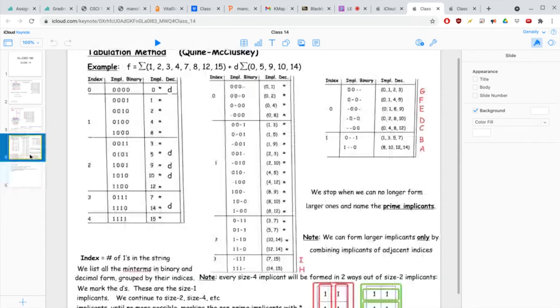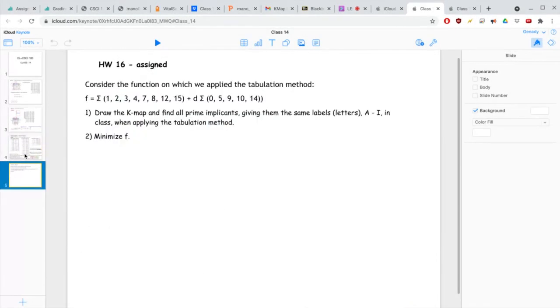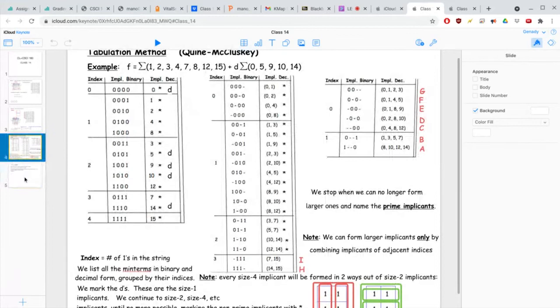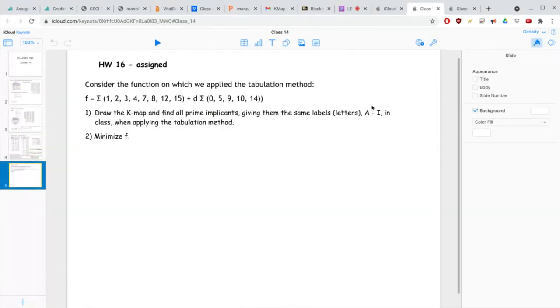Right, we were just looking at the Quine-McCluskey tabular method. Now we found the prime implicants, so now you're just going to put those same prime implicants on a K-map, and once you see them, you'll be able to come up with minimal forms easily, visually.